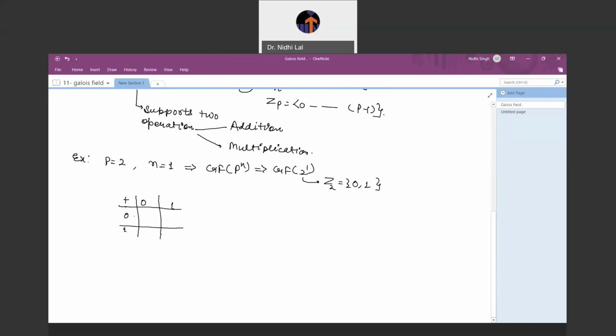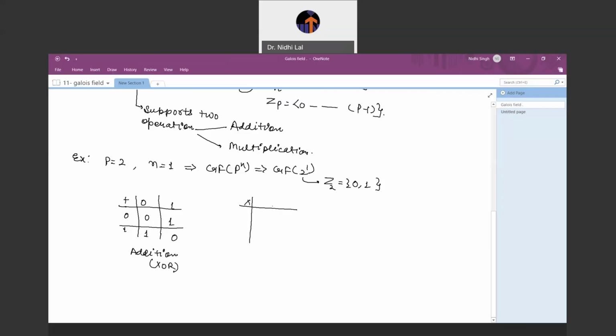So 0 and 0 equal to 0, 0 and 1 equal to 1, 1 and 0 equal to 1, and 1 and 1 equal to 0. So that is the addition. Addition means XOR operation.